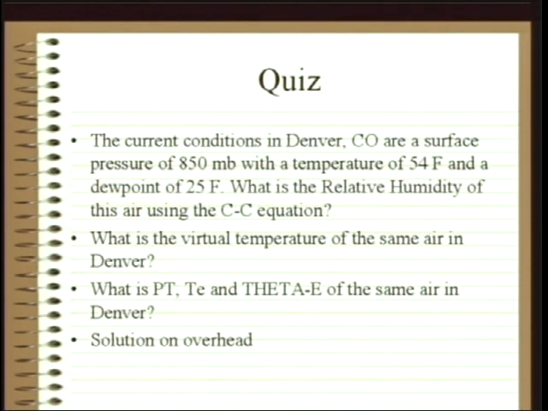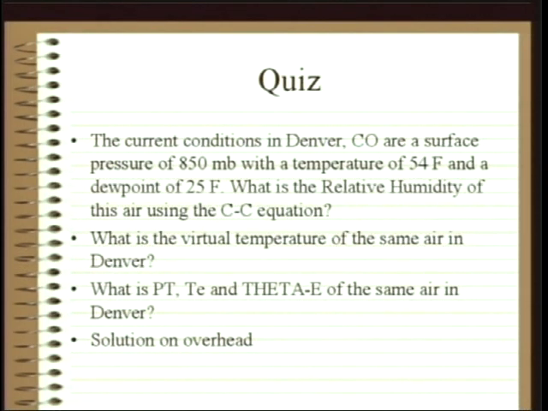And we want to determine what is the relative humidity of this air using the Clausius-Clapeyron equation. And then we want to find what the virtual temperature of the same air is. Then we want to find what the potential temperature, equivalent temperature, and equivalent potential temperature are of this same air in Denver.